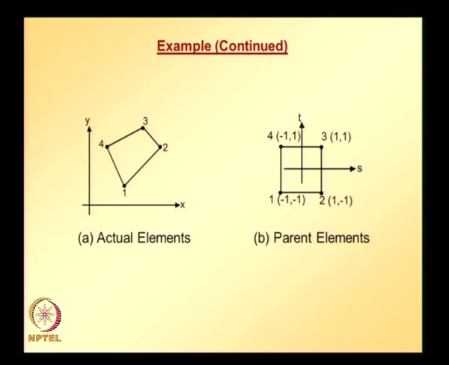The coordinates of node 1 are x1, y1, and for node 2 x2, y2, similarly for other nodes.